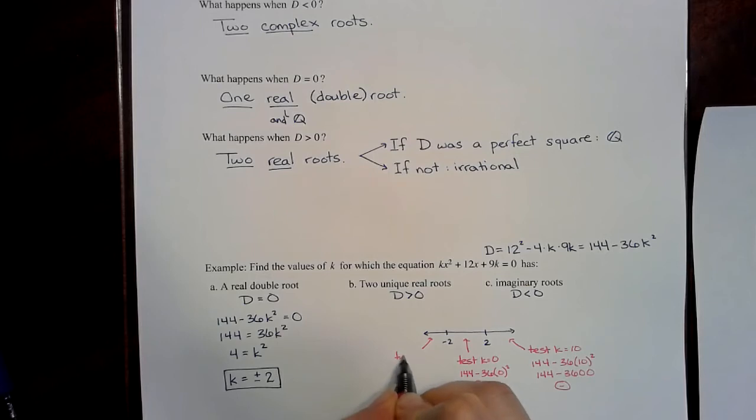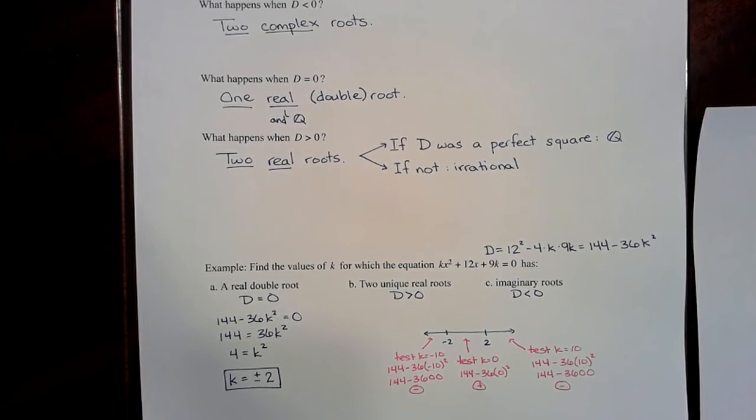And on the other side, let's test negative 10. That's usually pretty easy to plug in also. Negative 10 squared, again, is 100. So I'll get 144 minus 3,600, and I will get a negative answer again.